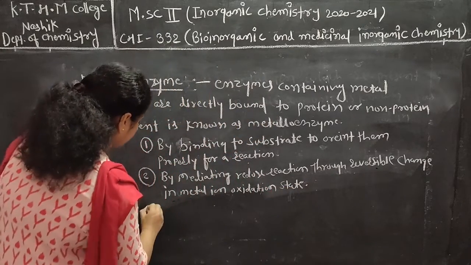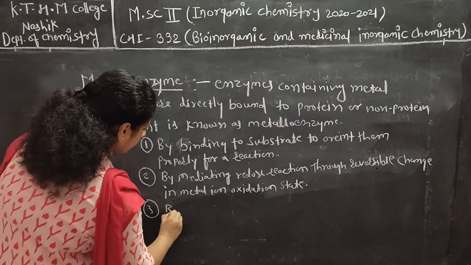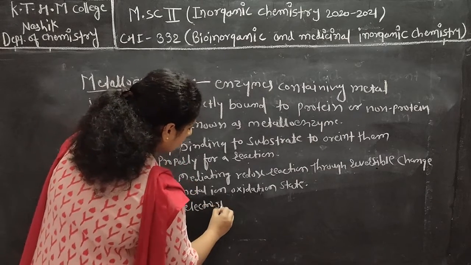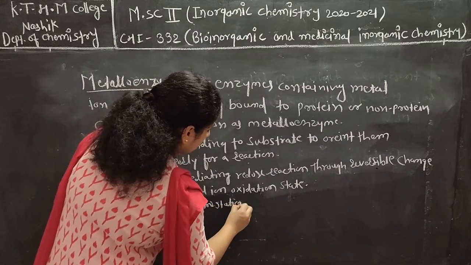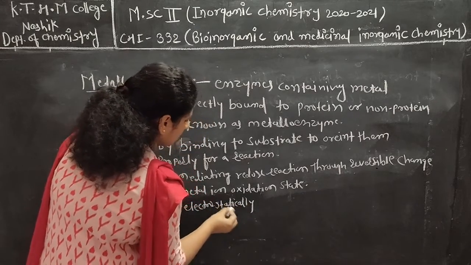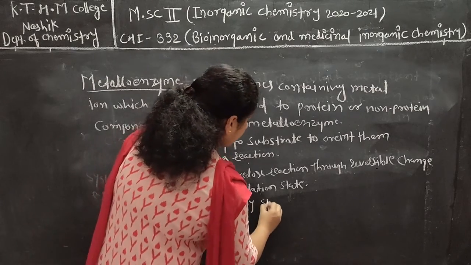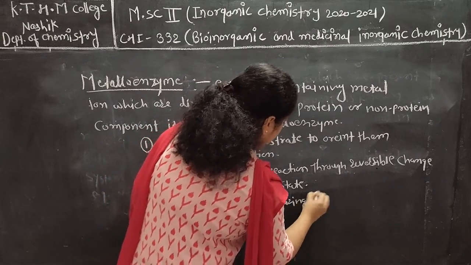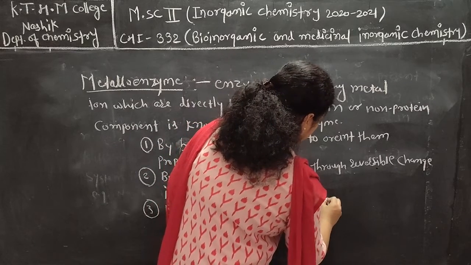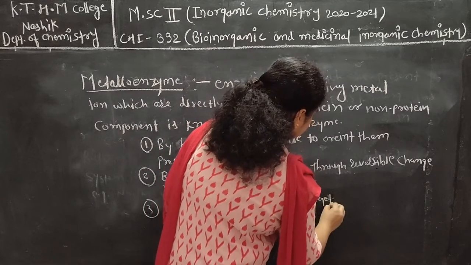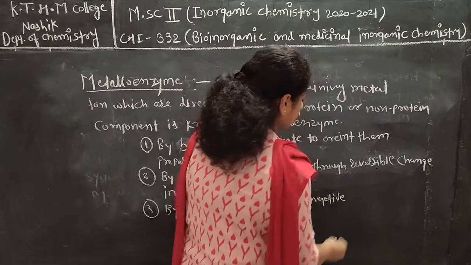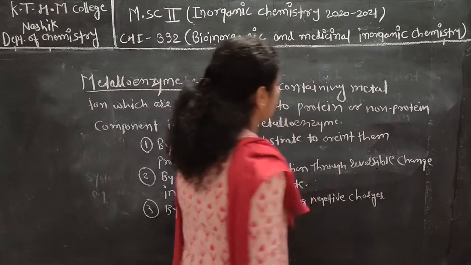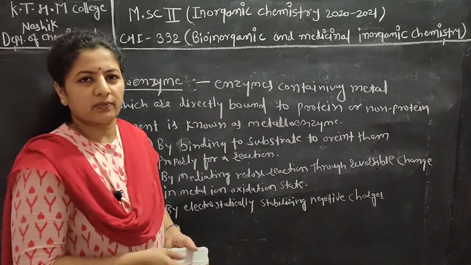And the third function is by electrostatically stabilizing negative charges. So these are the three important functions of metalloenzymes.